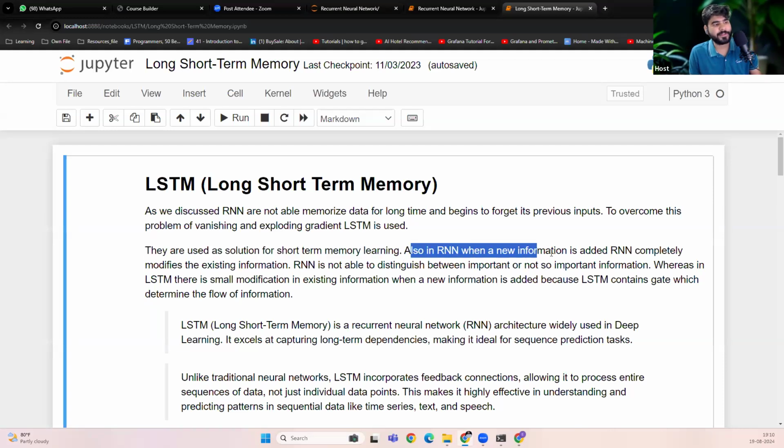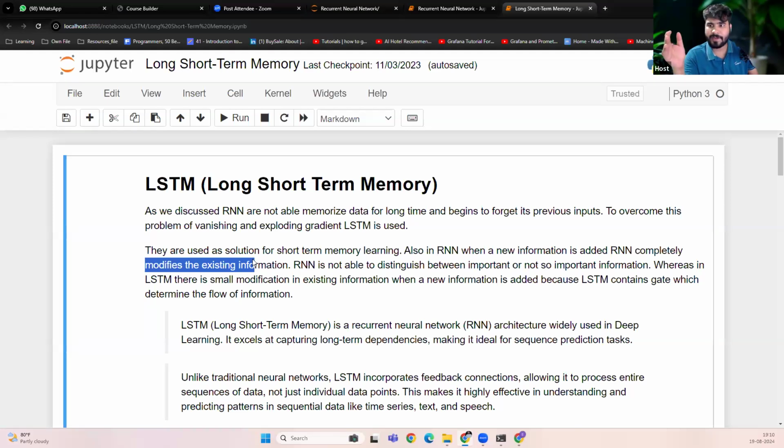Also, in RNN, when new information is added, the RNN completely modifies the existing information. Let's say I write HEY, hey, in my WhatsApp. When we write H, we get some suggestion. When we add the next letter, E, we get a different suggestion.